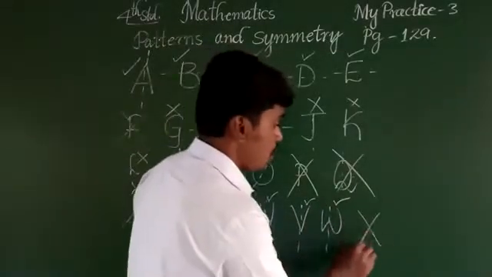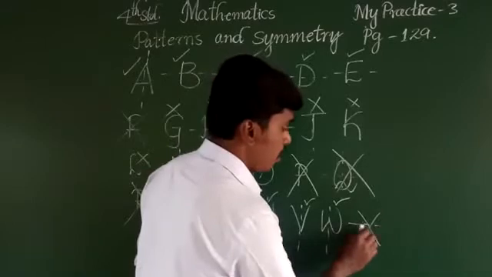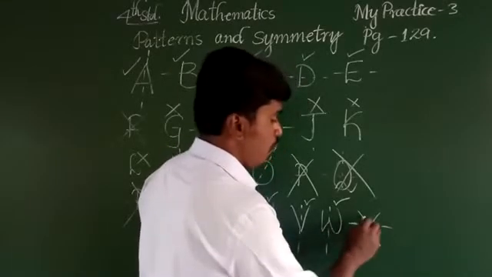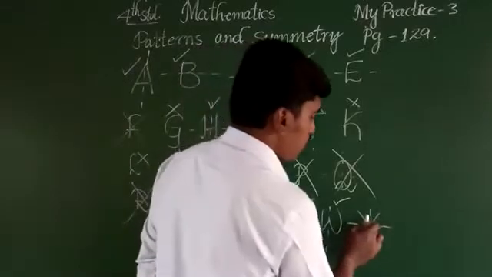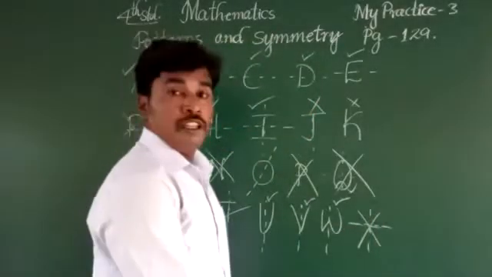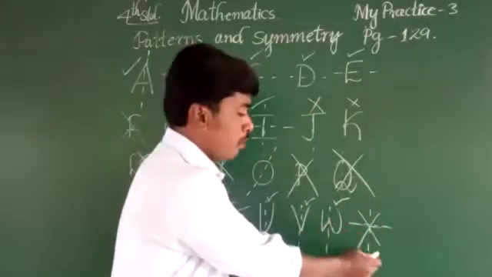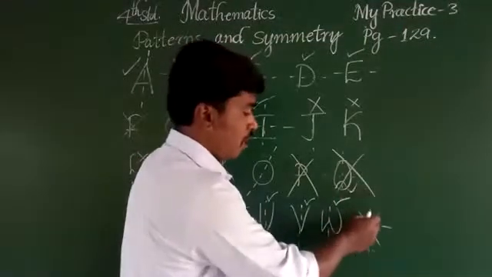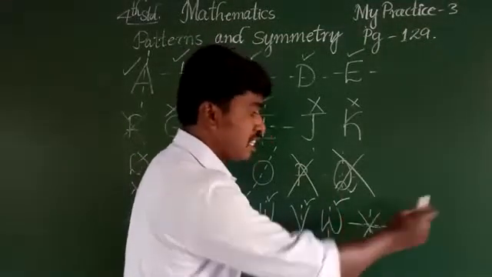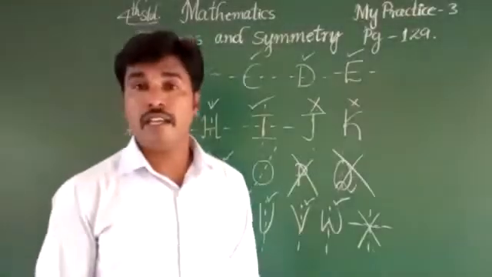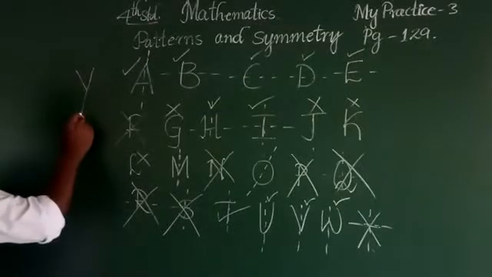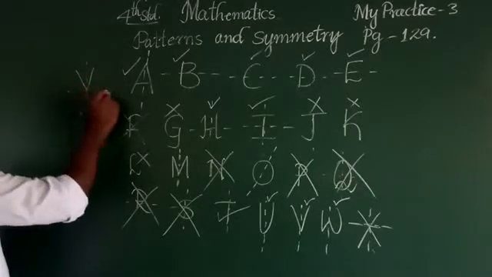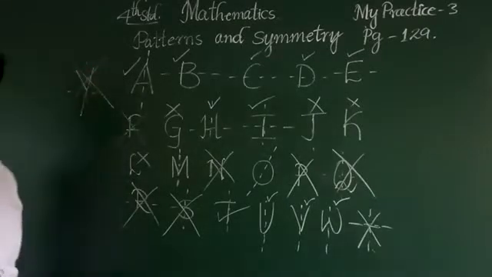X, observe dear children, X has two lines of symmetry. If you draw the dotted lines, the top is exactly equal to the bottom, and the left hand side is exactly equal to the right hand side. Y, observe here, I am going to write Y here. Y does not have any line of symmetry.